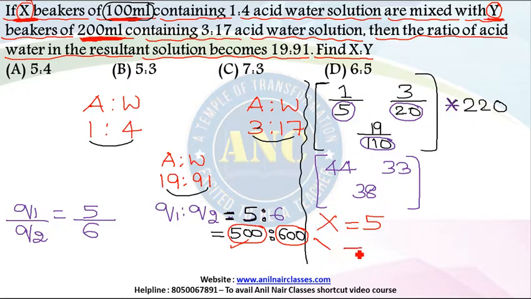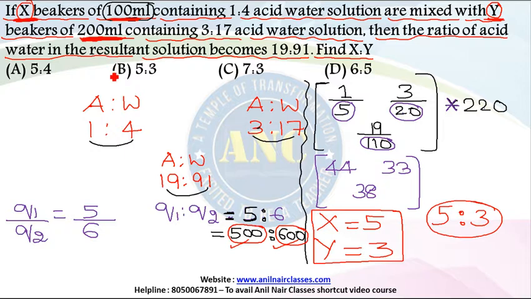So Y value should be how much? 3, because the first can is 200, the second can also contains 200, the third can also contains 200. 200 plus 200 plus 200, the total capacity of 600 is taken care of. X is to Y is what they are asking. X value is 5, Y value is 3, so X is to Y is 5 is to 3. A beautiful question which can be solved. I hope the idea is very, very clear for you people, sir.